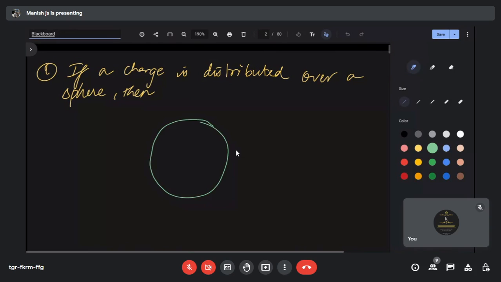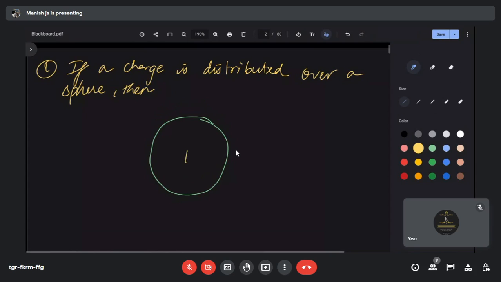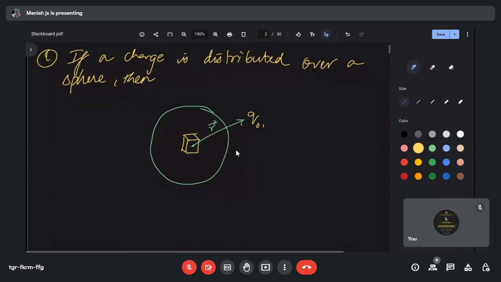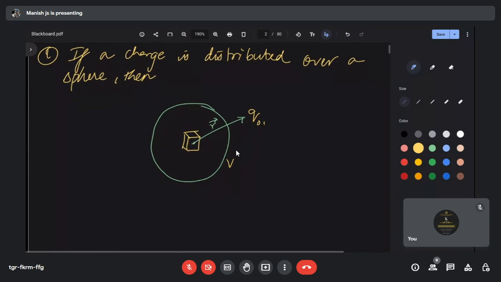In this sphere, you can take a small volume element, which is also three-dimensional, and we represent the corresponding area vector, which is normal to the surface. The distance you can take as r bar, and I am placing a test charge, say q naught, at that point, and the entire volume of the sphere is V.